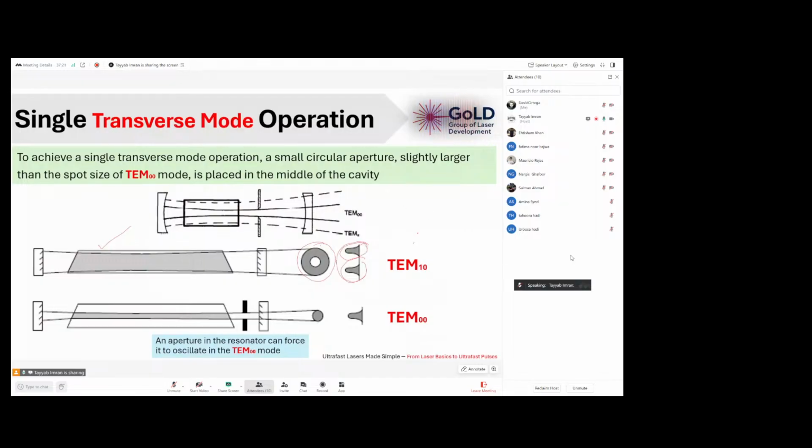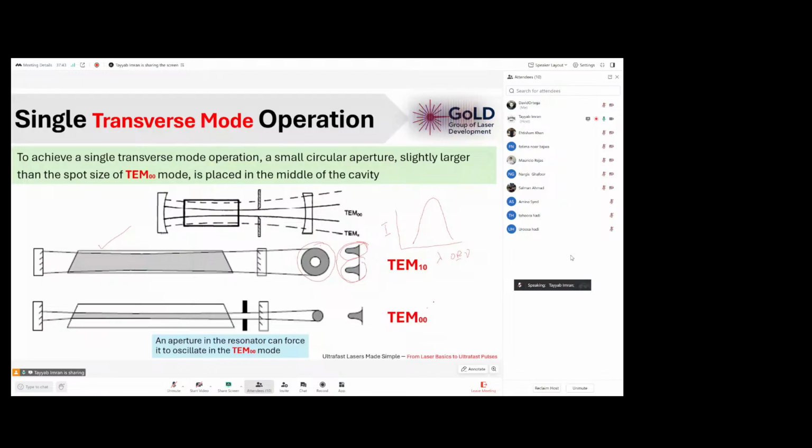So what is the spectrum actually? In a spectrum, you have on one side wavelength or frequency, and on the other side, you have intensity. To measure the spectrum is very important in the laser.